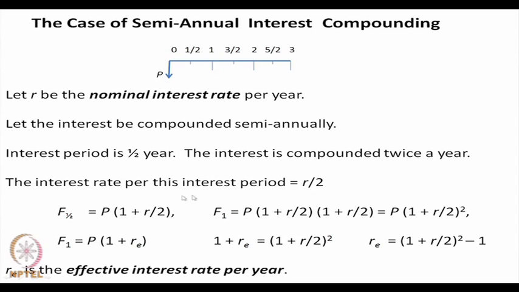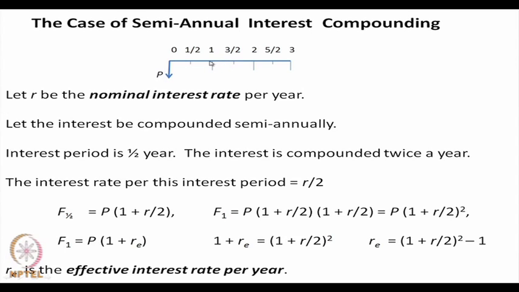Therefore, the compounded amount F at the end of the first interest period, meaning at the end of 6 months, half the year, is equal to P multiplication 1 plus R by 2, because R by 2 is the interest rate given for this half the year.